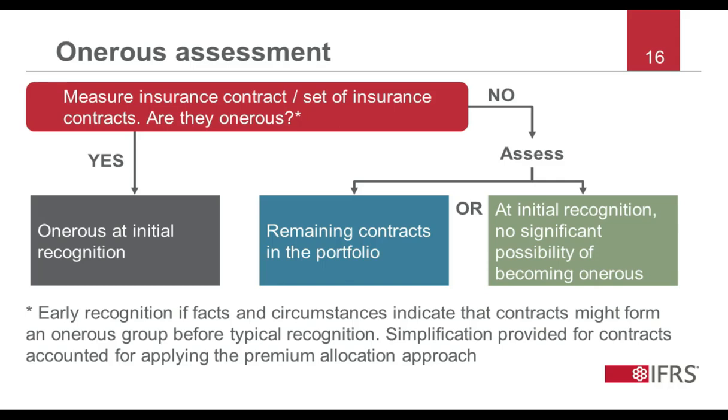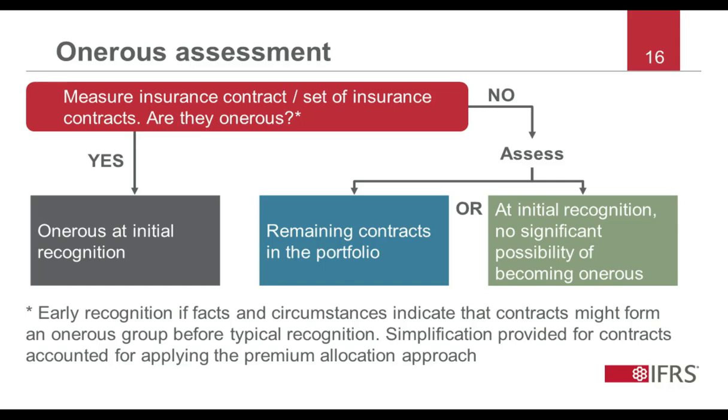If the outcome of measurement is that there is an expected net inflow, and therefore a contractual service margin, the entity will then need to assess which of the two groups the contract belongs to. Either the group where at initial recognition there is no significant possibility of becoming onerous, or if not, the group of remaining contracts in the portfolio. We discuss how an entity makes this assessment in the next slide.